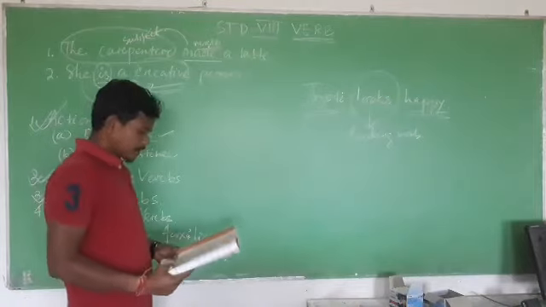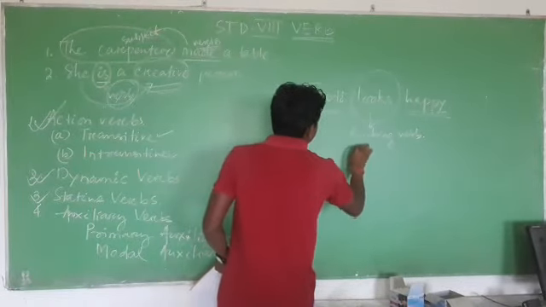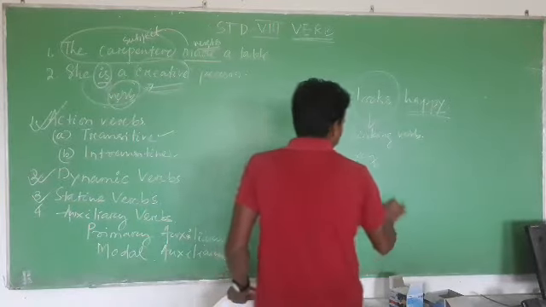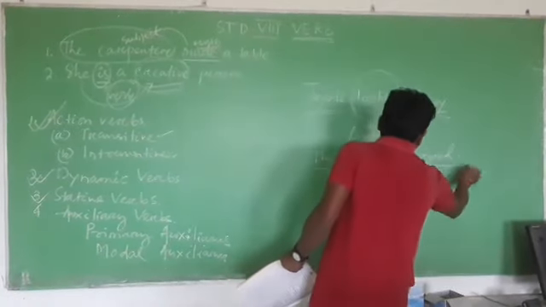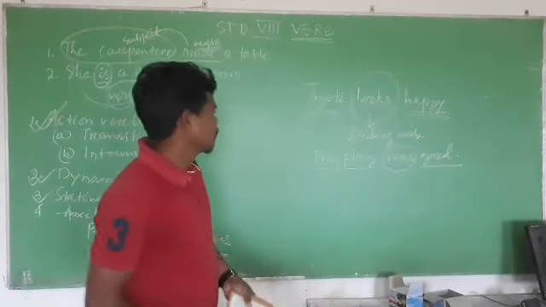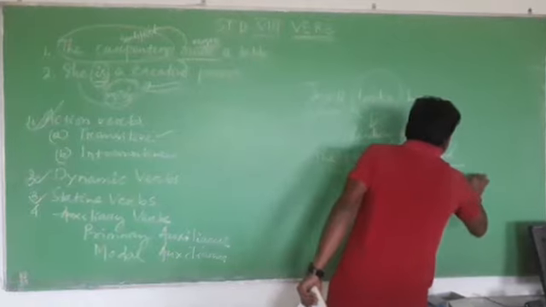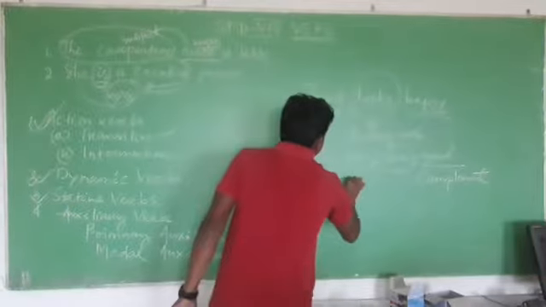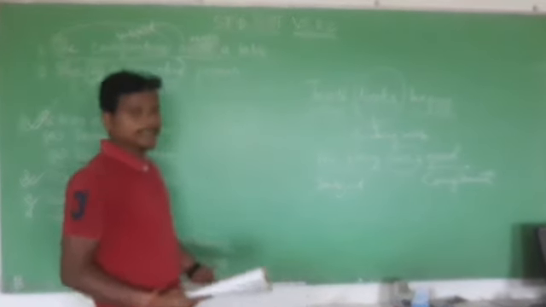Right? Next we say, the play was good. Okay, the play is the subject, good is the complement, and this is the linking verb was. So these are the linking verbs.